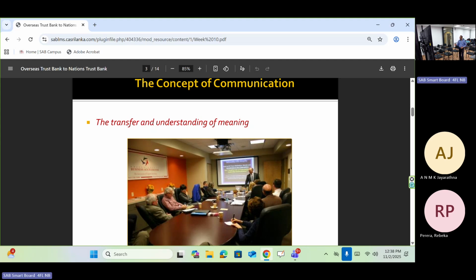Right. Then most elements can be seen in this photograph. Okay, then that's how we can define communication or explain the concept of communication. Right. Any other questions? No. Then I can proceed.